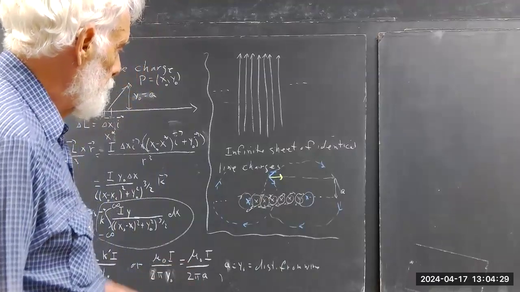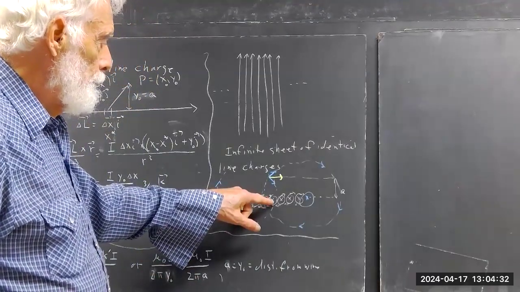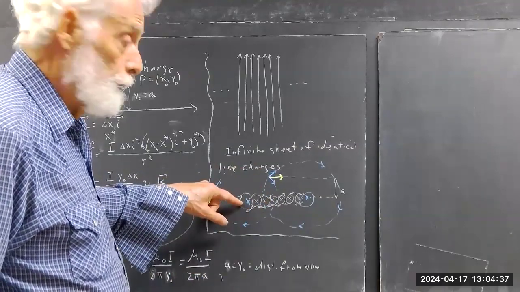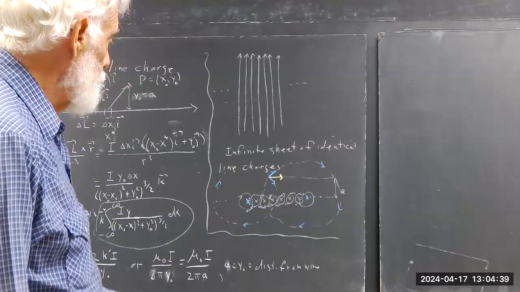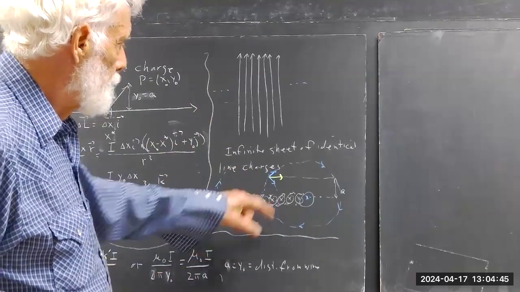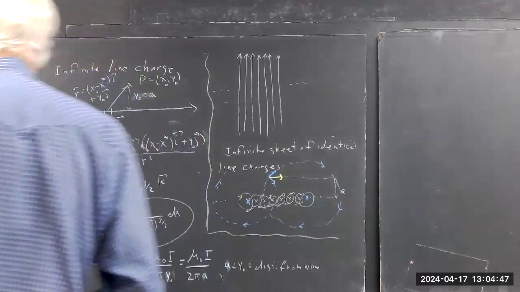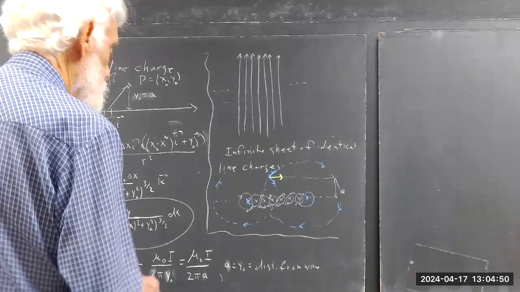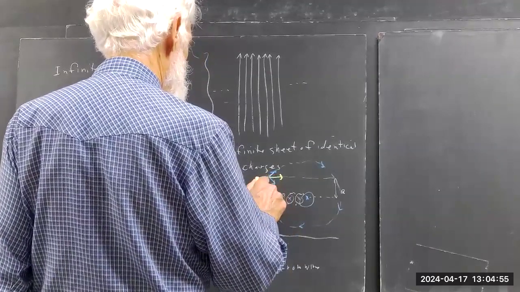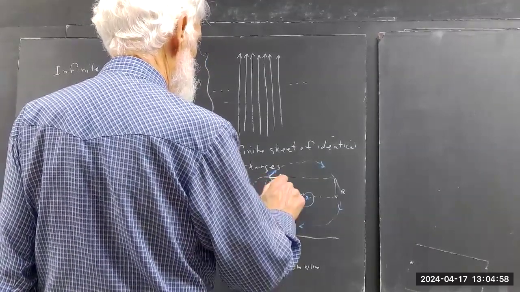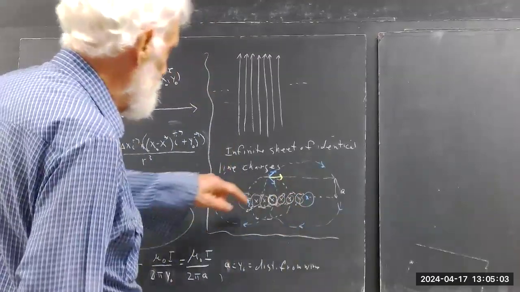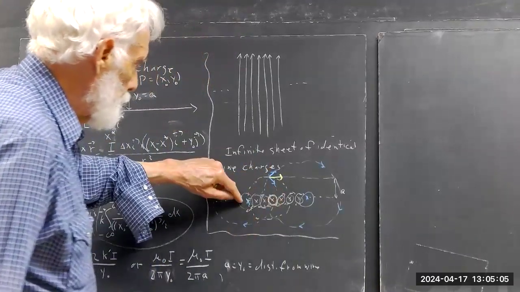Now that's not a very big field compared to the field you get from, let's say, this charge, because this charge is a good bit closer. If this charge is twice as close, or not quite twice as close, it's going to produce a field at this distance which is bigger in magnitude than the field from this one.